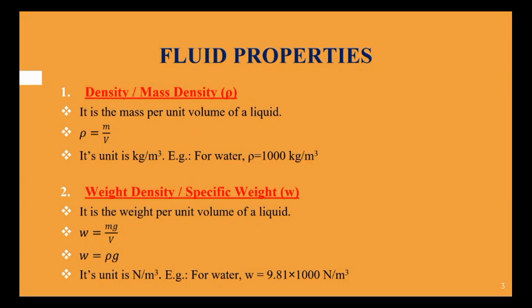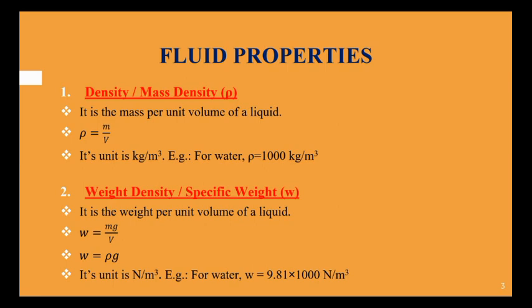The second property is weight density or specific weight. It is denoted by small letter w. It is the weight per unit volume of a liquid. Its equation is given in the second line and it is small letter w equal to mg by v, where mg is the weight and v is the volume. Since m by v is rho, this equation can be rearranged as w equal to rho into g.